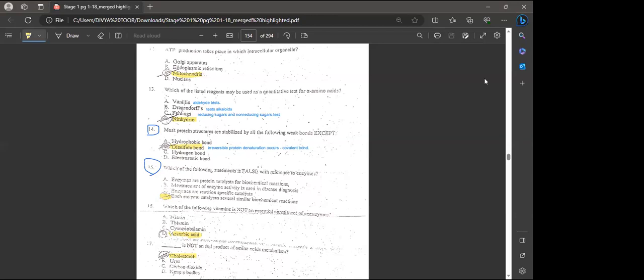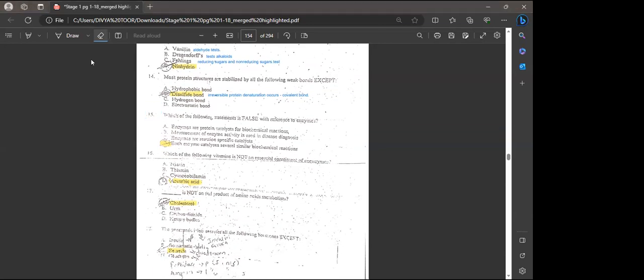I'd also go with disulfide, because I don't think disulfide is a weak bond. Disulfide is even what holds insulin together, so I don't think it's a weak bond. Okay, number 15. With elimination, I'd also go with D, because C is definitely correct, and A and B as well.